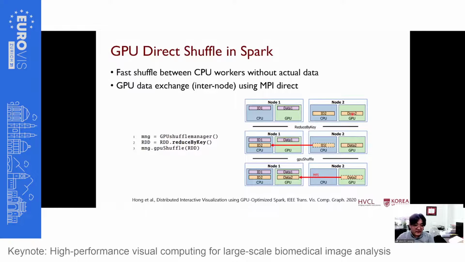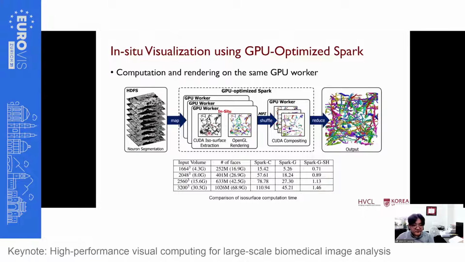By doing that, as you can see here, in-situ processing is also possible, which means computation and rendering can be done on the same node using Spark, without data moving in and out using a shared distributed disk.